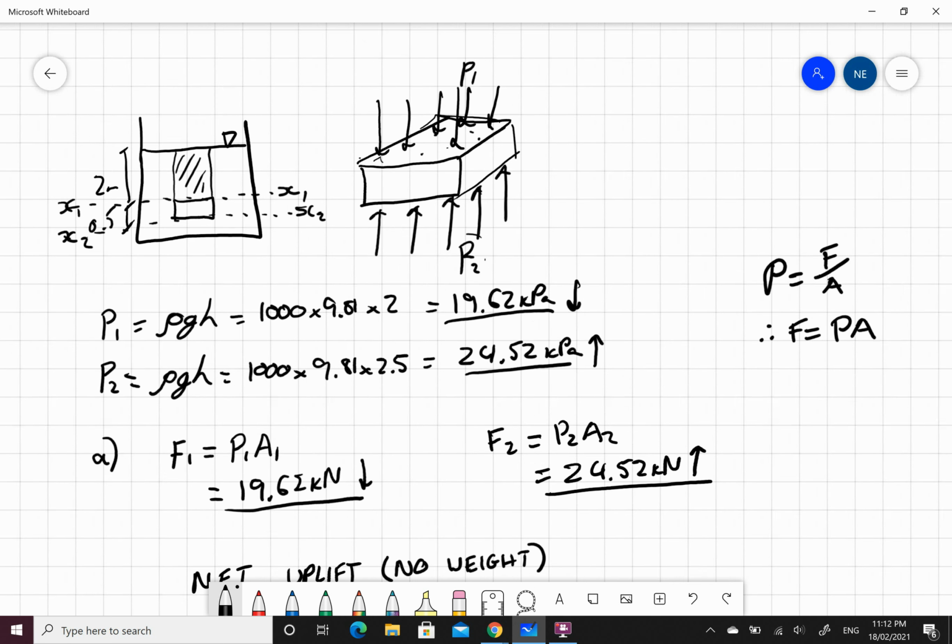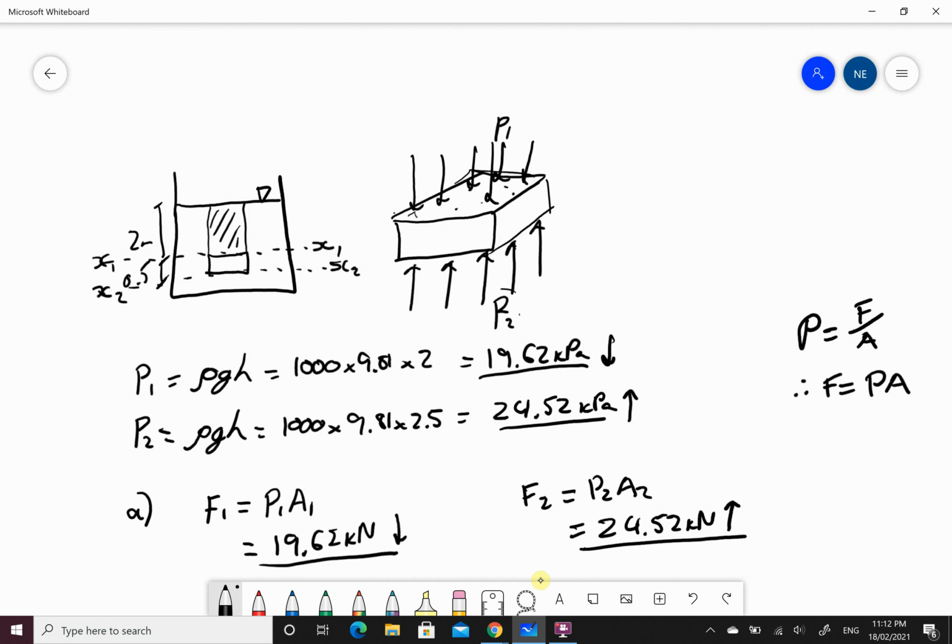Alright, what's happening here? So I have an object floating in the water. I account for the water on top of it pushing down. I've got the actual weight of it pushing down, and then I've got the buoyancy pushing back up, and that's why we're subtracting them from each other.